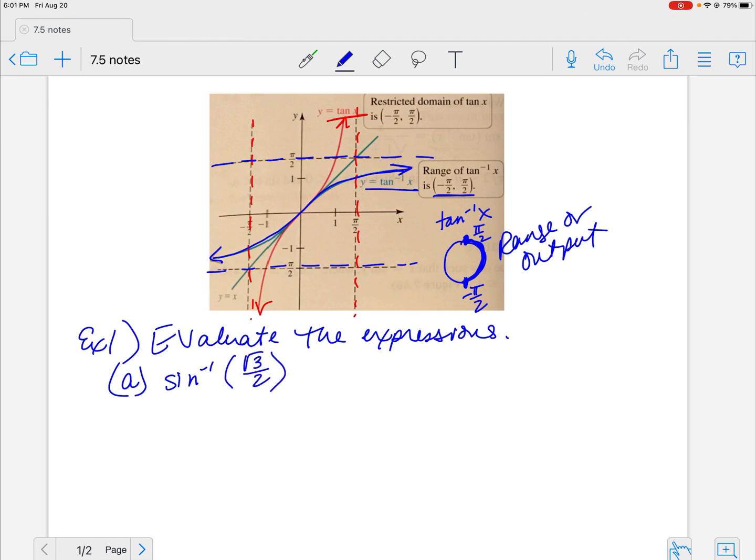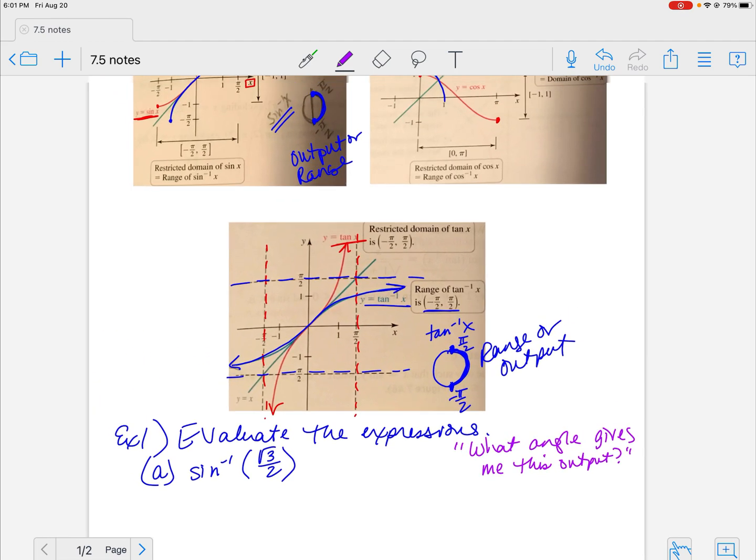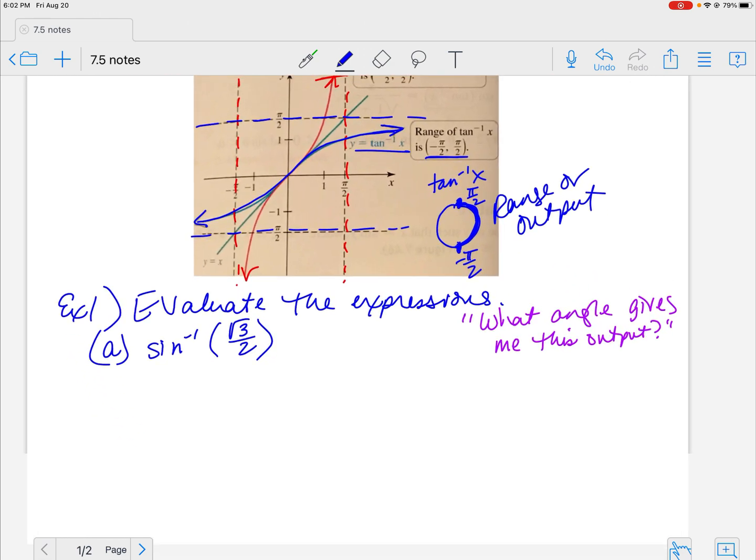So anytime you do inverse trig, you are asking yourself the question, what angle gives me this output? That's what you're asking. What angle measurement, restricted over here, is going to give me that square root of 3 over 2?